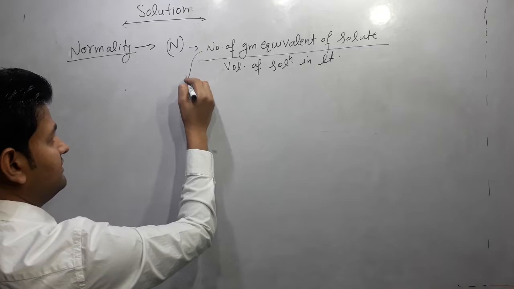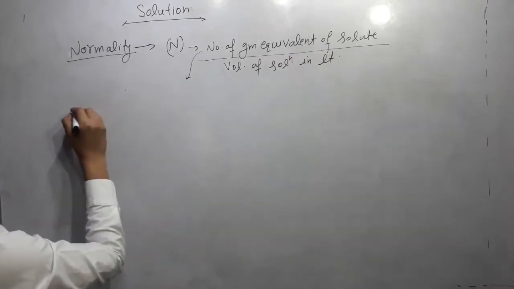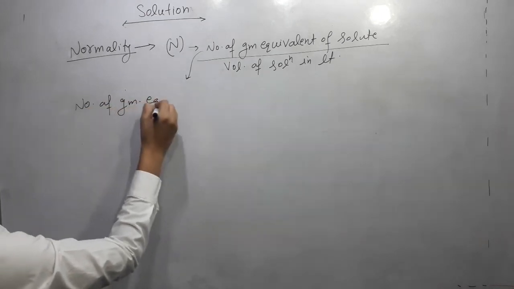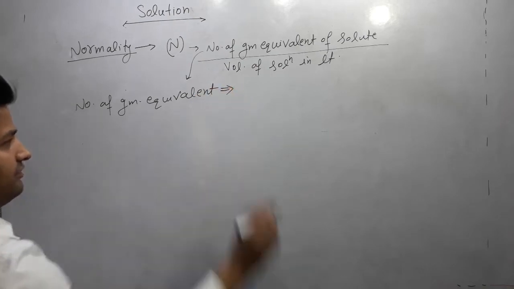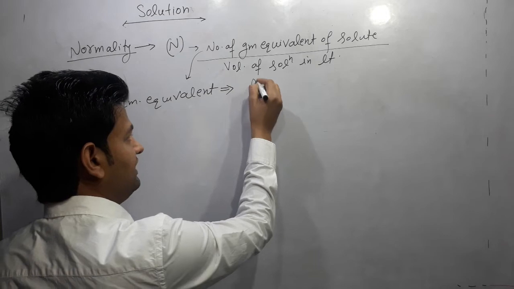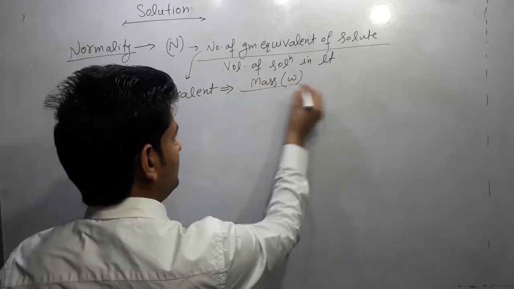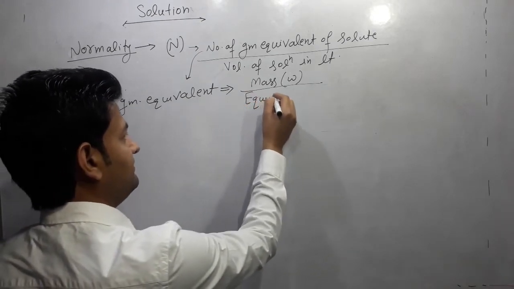Next, how will you find the number of gram equivalents? The number of gram equivalents can be found by using the mass or weight given in the question, that is W, divided by the equivalent mass.